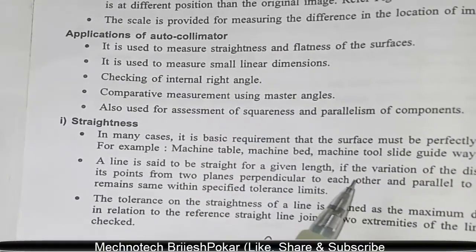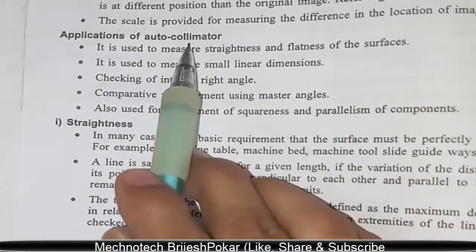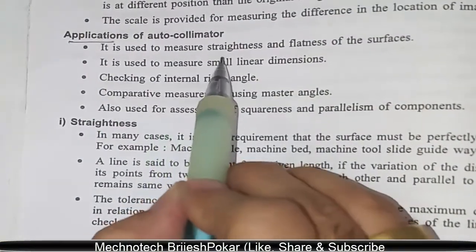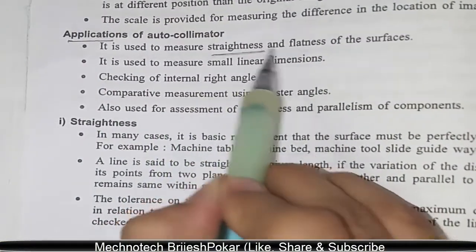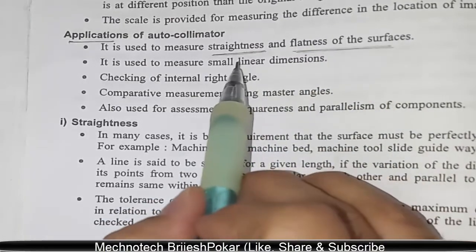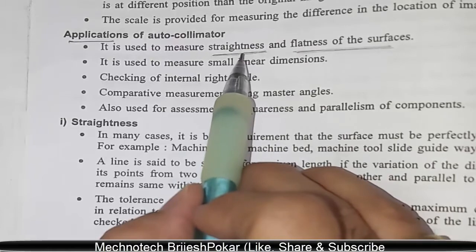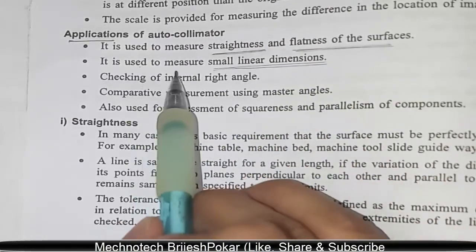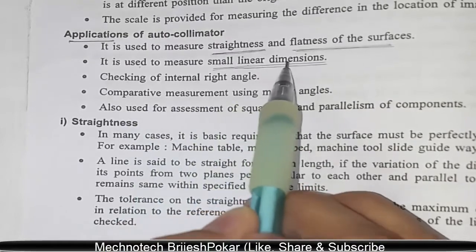And last, the applications of the autocollimator. This is a very important thing. It is used to measure the straightness and flatness of a surface. It is also used to measure small linear dimensions.